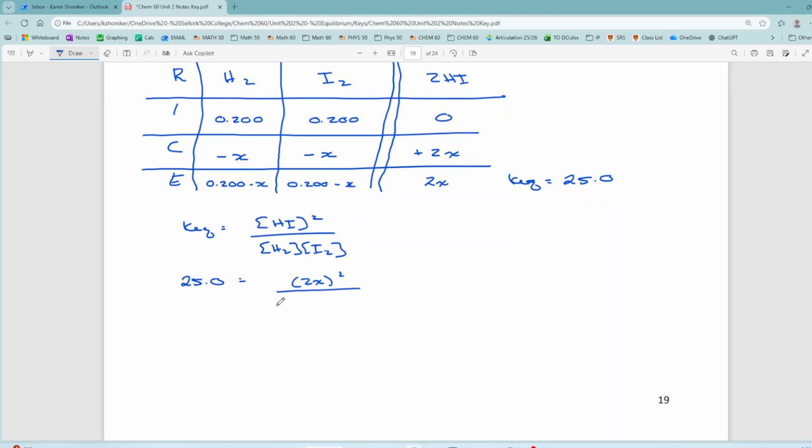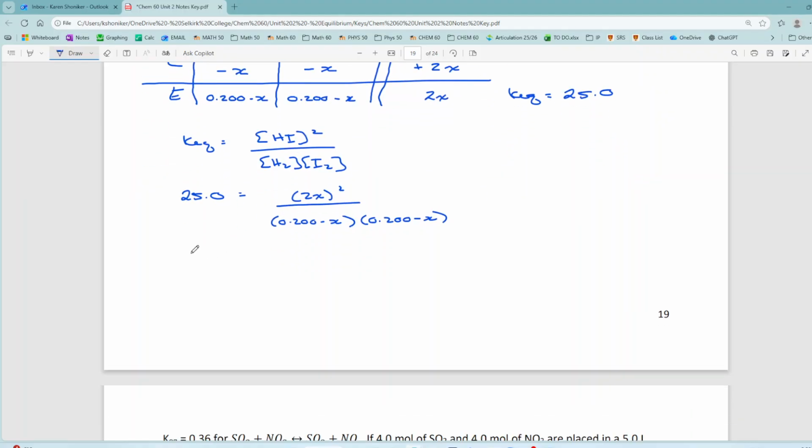My concentration of hydrogen is 0.200 minus x, and my concentration of iodine is also 0.200 minus x. Let's write that as squared. Let's say 25 is equal to 2x all squared divided by 0.200 minus x all squared.